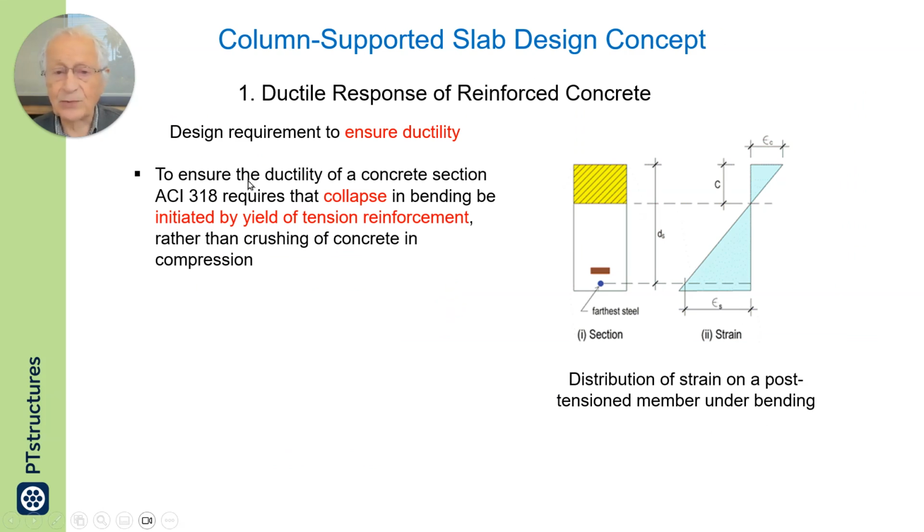Now, to ensure ductility of a concrete section, ACI 318 requires that the collapse in bending be initiated by yield of tension reinforcement.